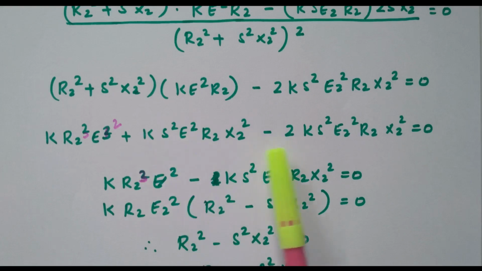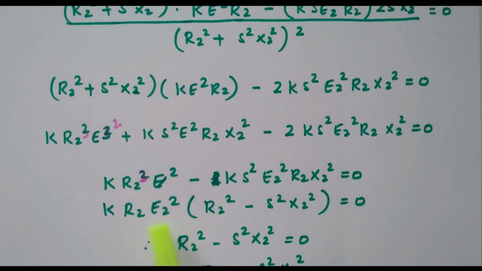So 1 minus 2 is minus 1. Now we can take these terms commonly: K, R2 square, R2 into E2 square. These values are available commonly. K is available here and here also, here R cube is available, here R2 is available, here E2 square is available, here also E2 square is available. So we will take K R2 E2 square outside.